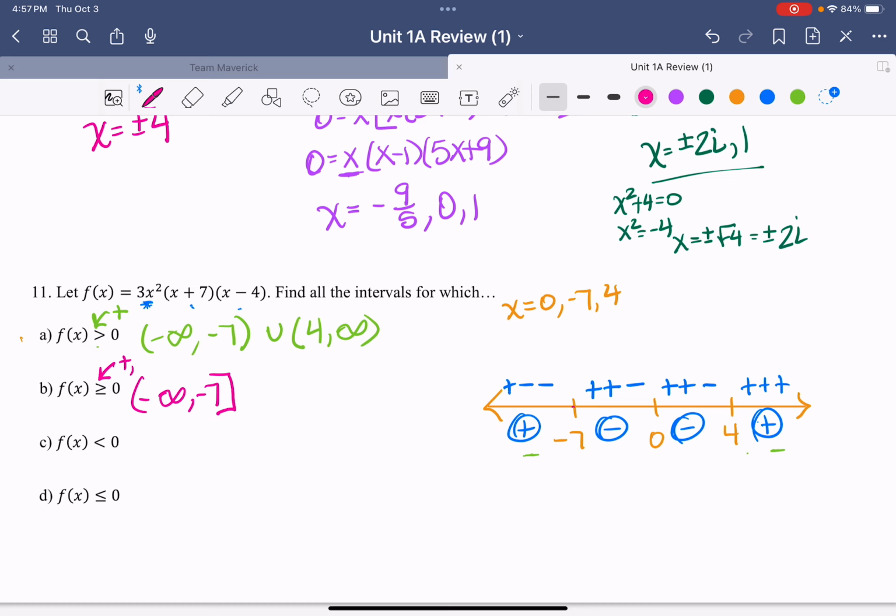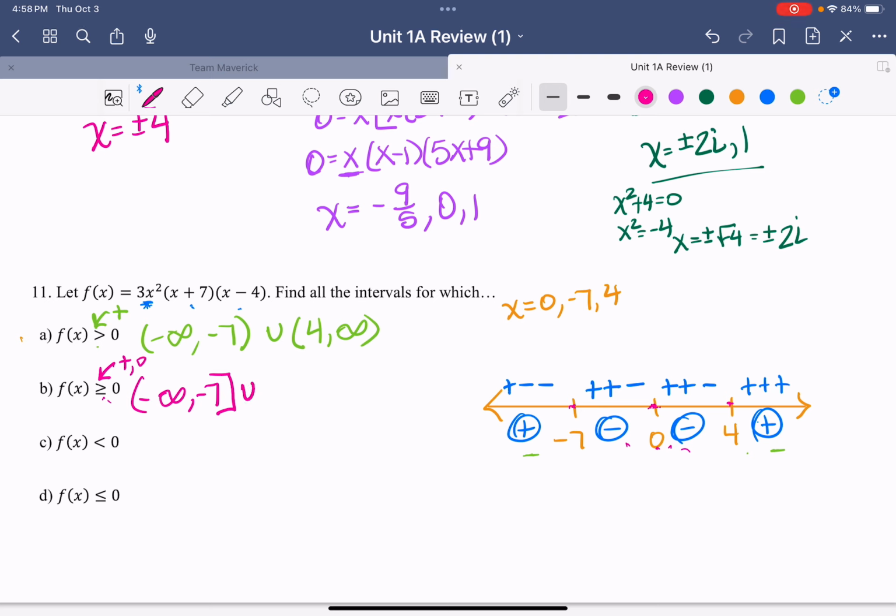I think it was on a worksheet, and I don't know that you would be asked for this on the exam, but it's possible. I have to include all 3 of these zeros. On either side of this it's negative, and I want it to be positive and 0. So I need to include this one, not because this number is 0, but because it's one of the 3 zeros.